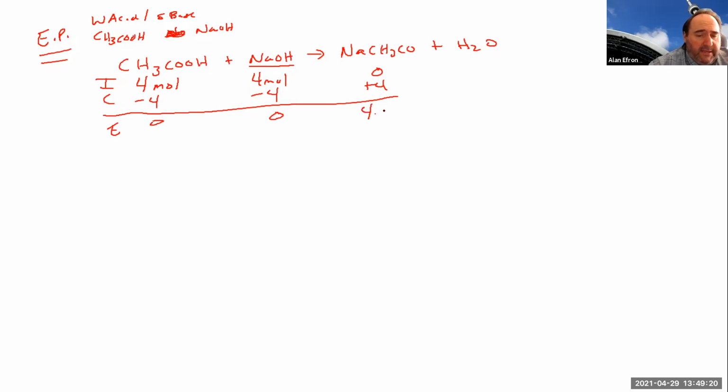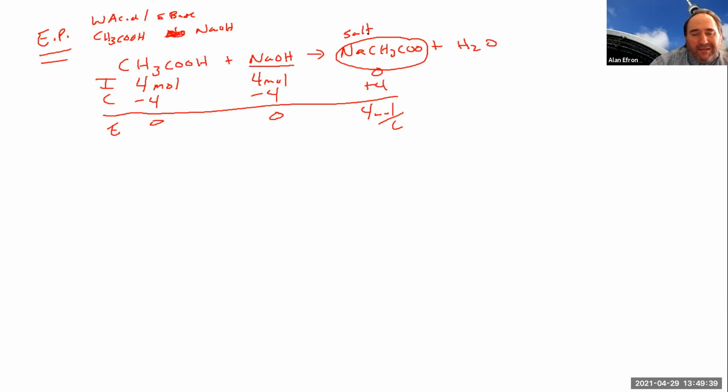We would actually only have our salt left over, with an extra 0 there at that point. This is again why we would expect the pH to be basic at that point, because that salt came from acetic acid, which is a weak acid, and will go through hydrolysis.